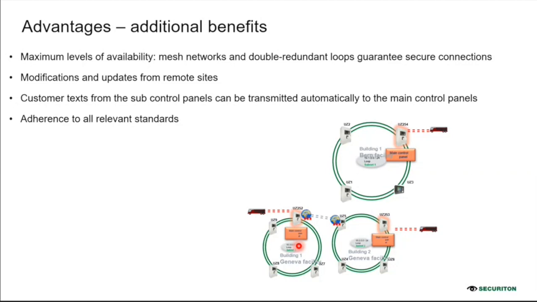About the configuration, we have different possibilities. So we can have, as I said, mesh networks and double redundant loops. So we have a full guarantee in case of faults.